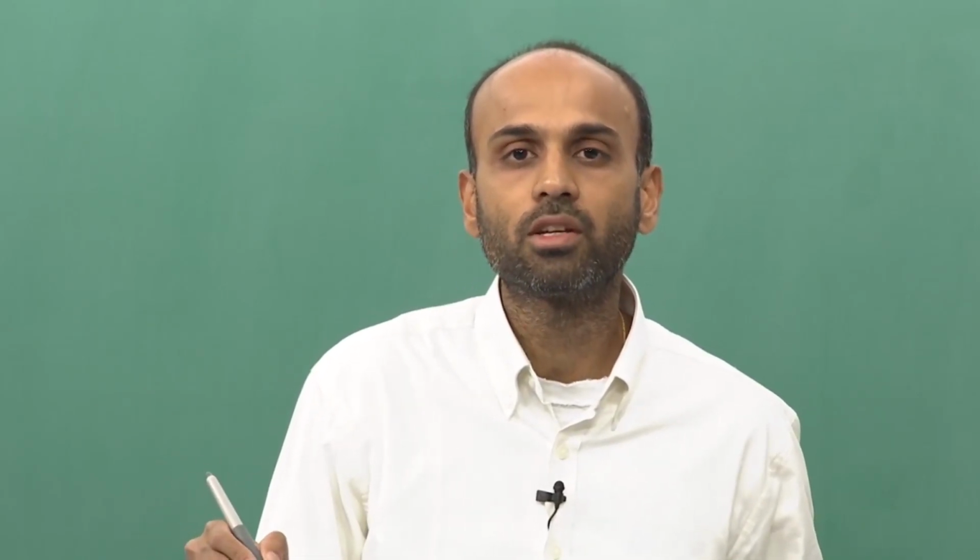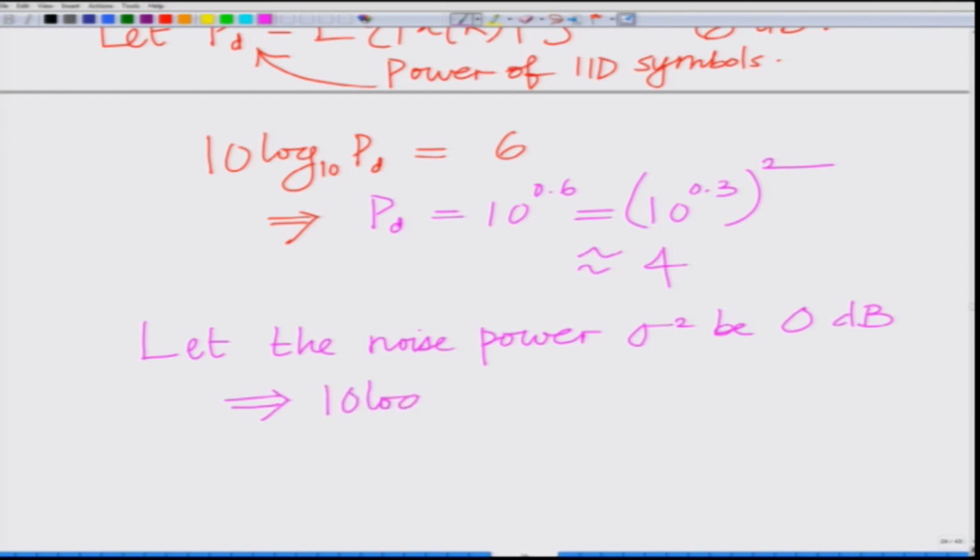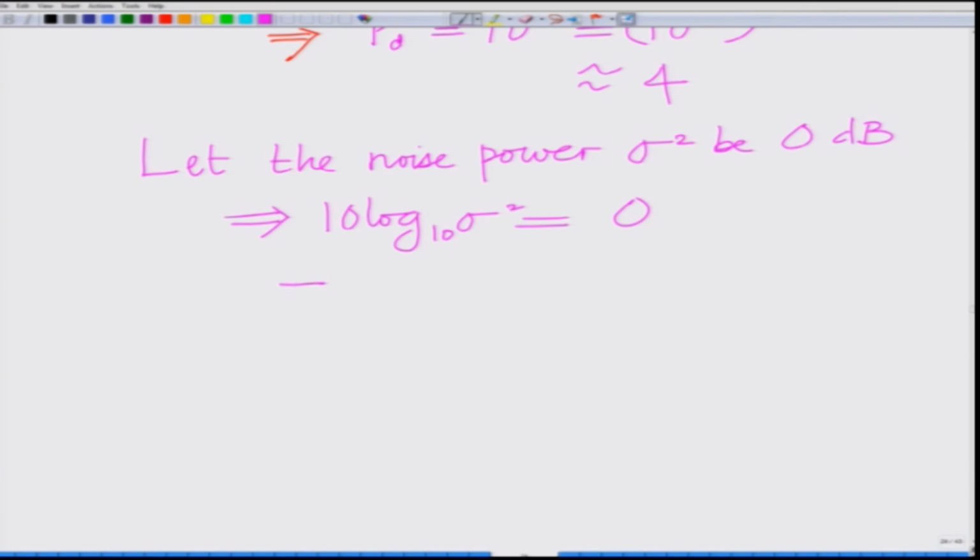So, we are assuming the noise power sigma square to be 0 dB, which implies that 10 log to the base 10 sigma square equals 0, which implies that sigma square equals 10 to the power of 0, which is equal to 1. Now, further consider a 3 tap equalizer.